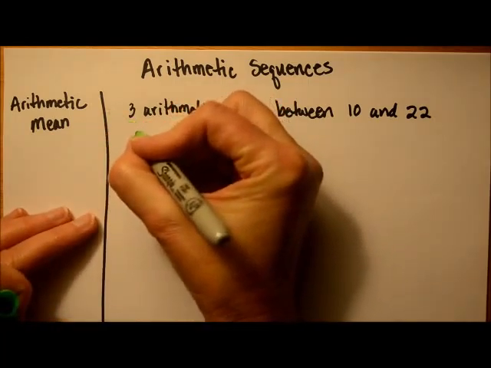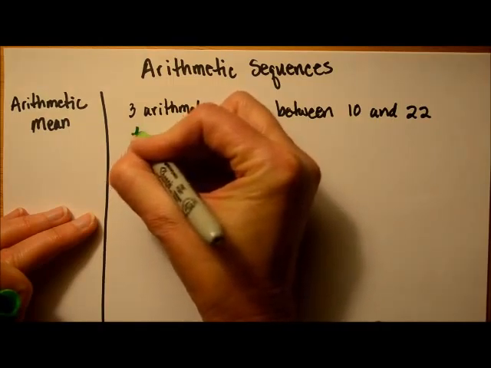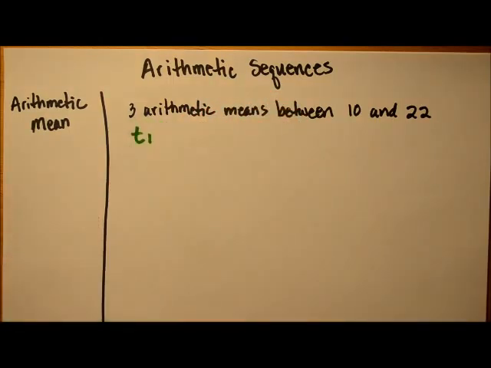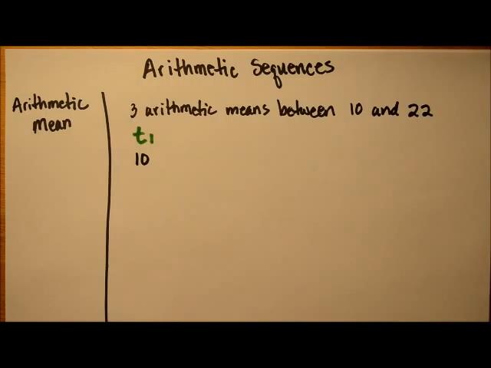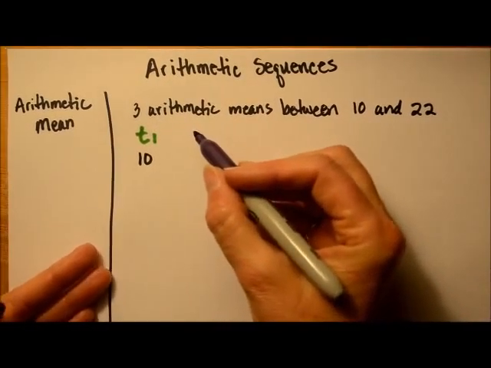I have T1, and T1 is 10. And then between them, they want 3 arithmetic means.